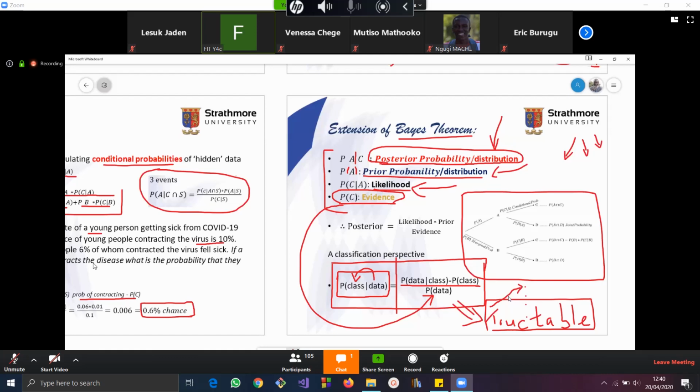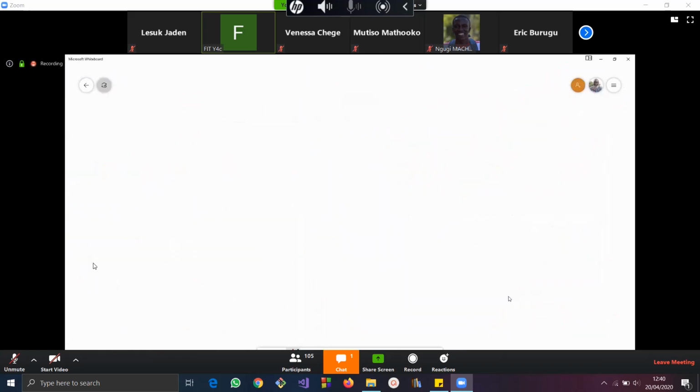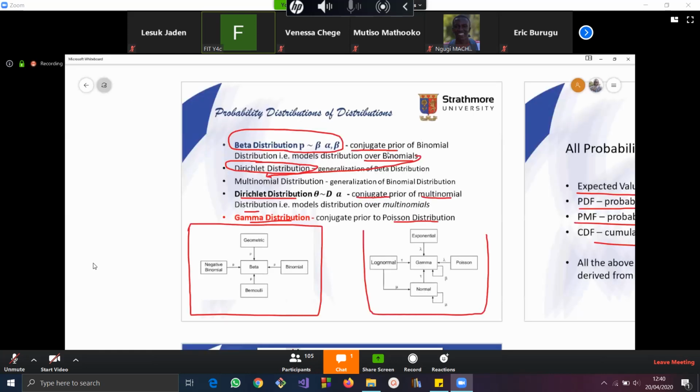Any concern on distributions and such? All you have to do now is always expect that you will be seeing things on distributions all the time. Fine. So now we close the chapter on probability and distributions.